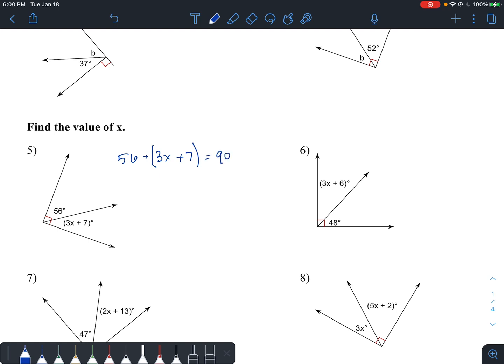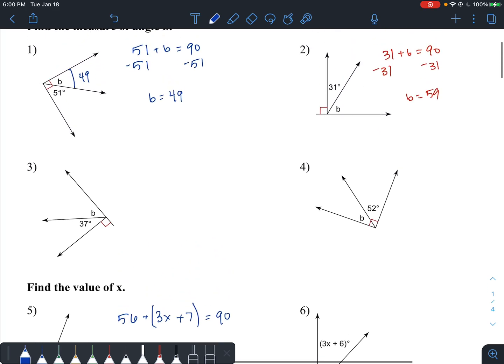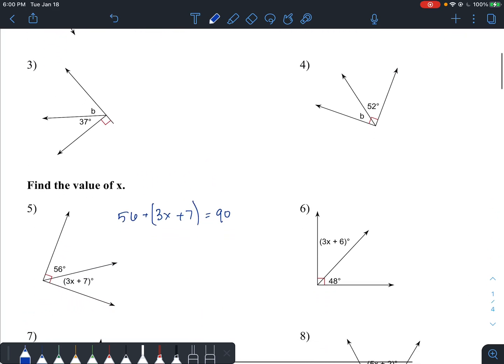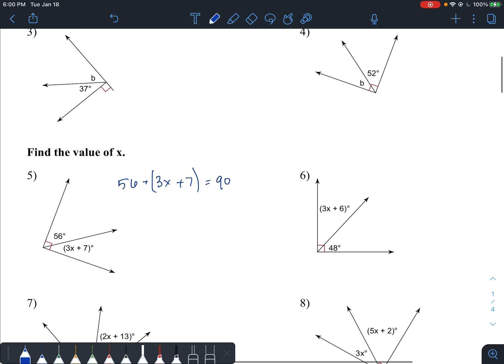So now I just have an algebraic equation again. It's a little bit more complex, but really not much. But in any case, how I'm going to go about this one is first to combine any like terms. So 56 and 7, these are like terms that can be combined.